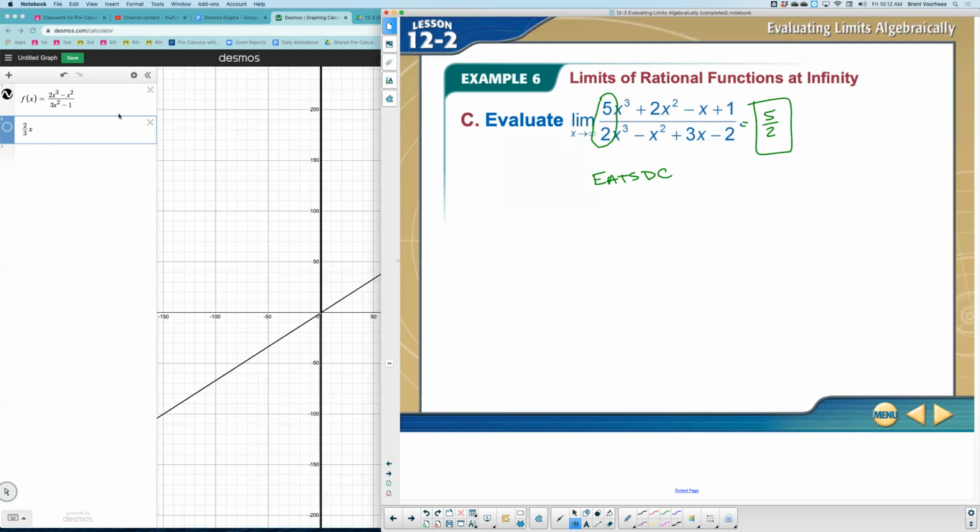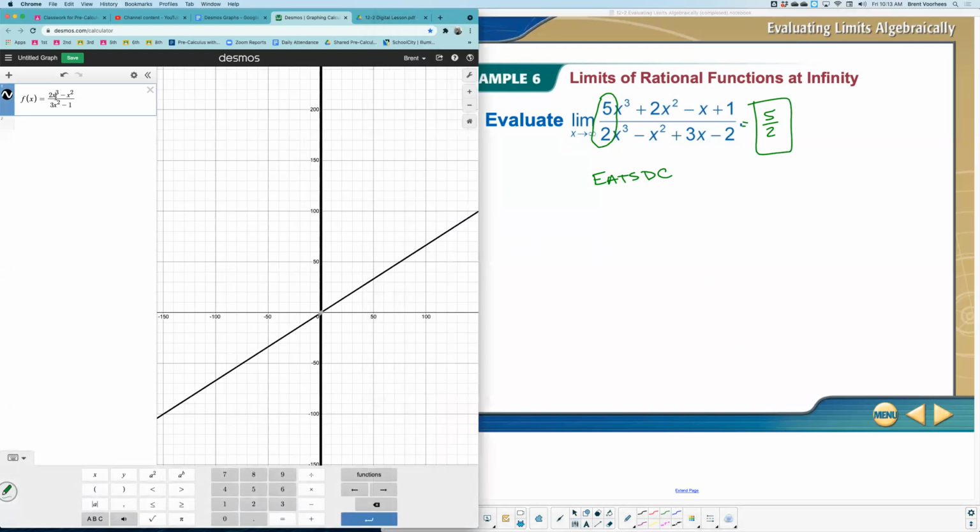Let's check just to make sure. 5x cubed plus 2x squared minus x plus 1 over 2x cubed minus x squared plus 3x minus 2.